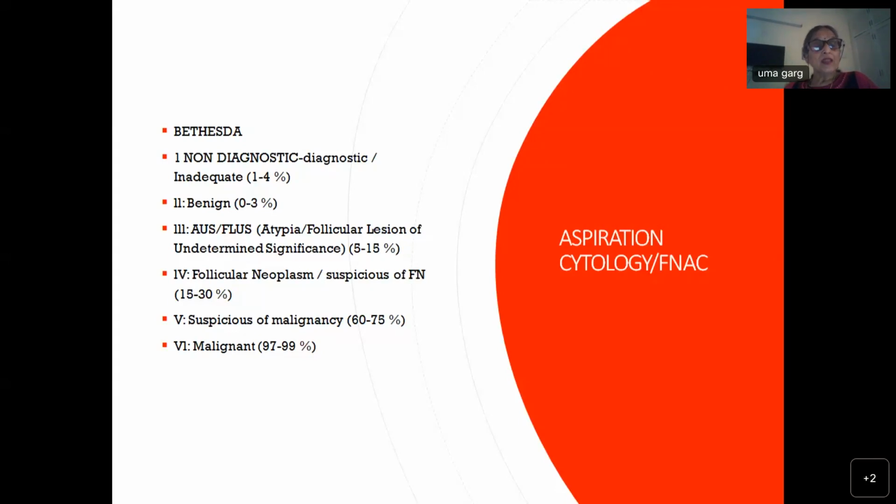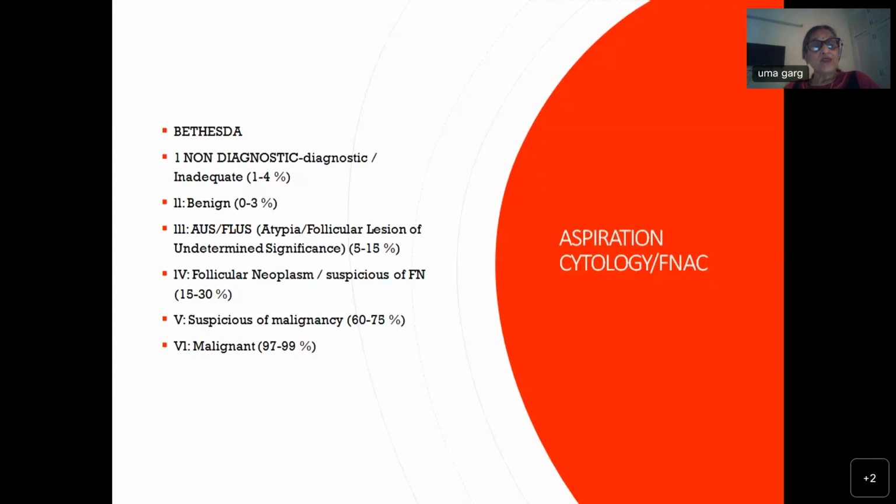Category 2 is benign, 0 to 3%, with no characteristics suggestive of malignancy, simple follicular structure, maybe in colloid goiter. Then third is atypia, a follicular lesion of undetermined significance. This will be better told in detail by a pathologist, or we can go and study it. Here the chances of being malignant are 5 to 15%.